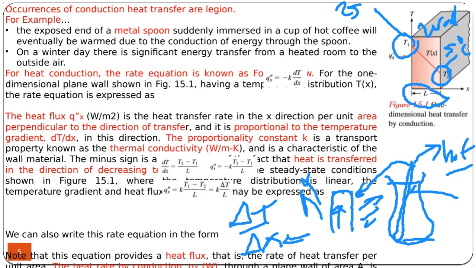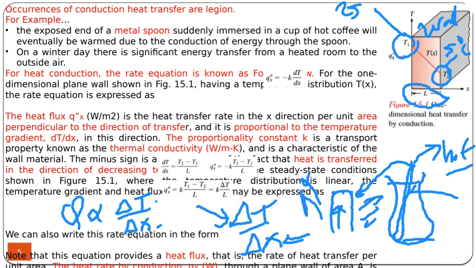Increase in delta T increases the heat flow. So we say that the heat flow is actually proportional to the temperature gradient, meaning that temperature difference increases the heat transfer, and the thickness of the wall decreases the heat transfer.